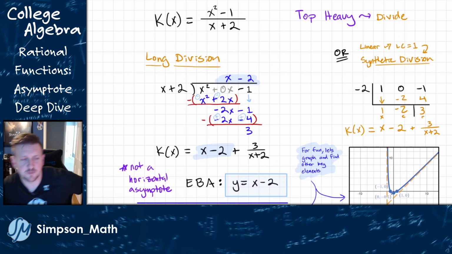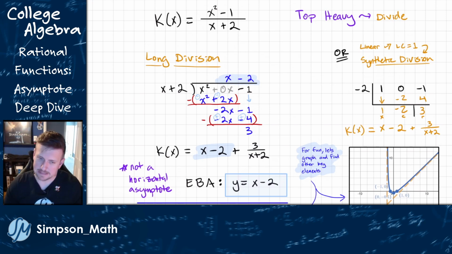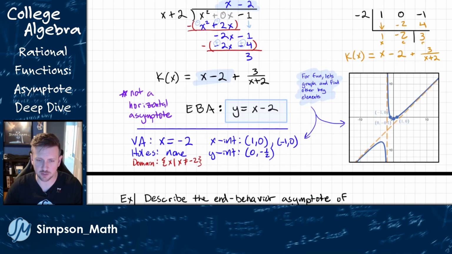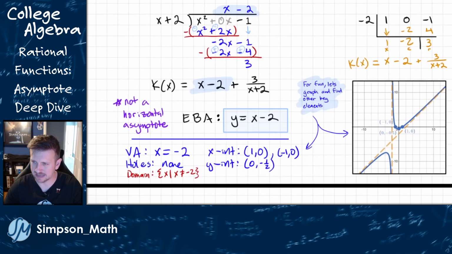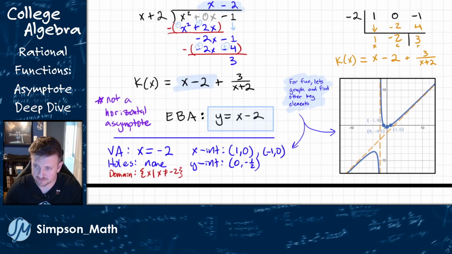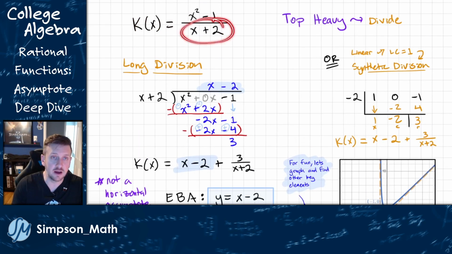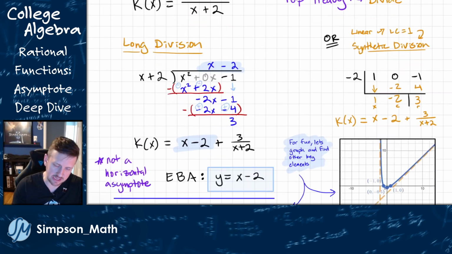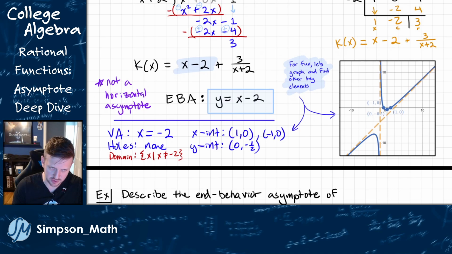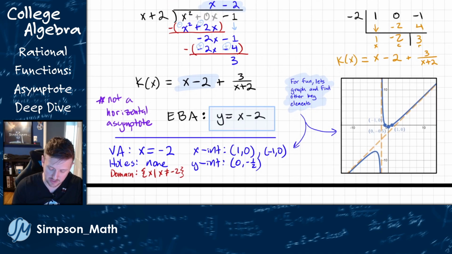All right, so just for fun, I went ahead and graphed it and determined some of the other values so we could practice our knowledge about graphs here. So we have a vertical asymptote at x equals negative 2. I have a domain restriction at negative 2. Nothing reduces, so that's why I have a vertical asymptote at x equals negative 2 right here.